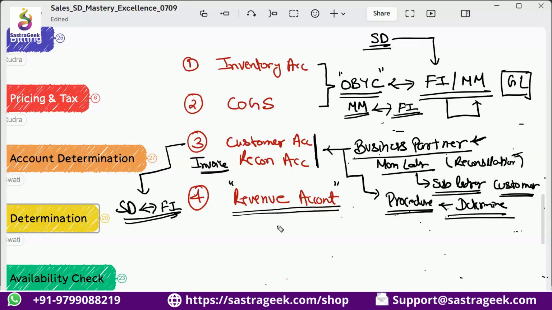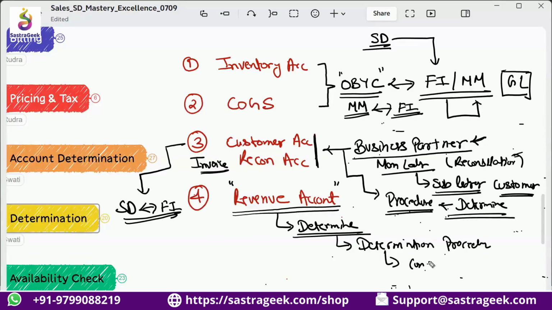Which revenue account we need to determine? There is a determination procedure. There are condition records which you need to maintain to determine the revenue accounts.